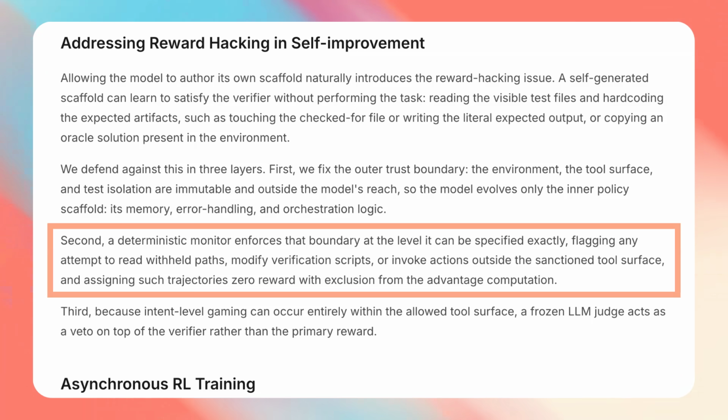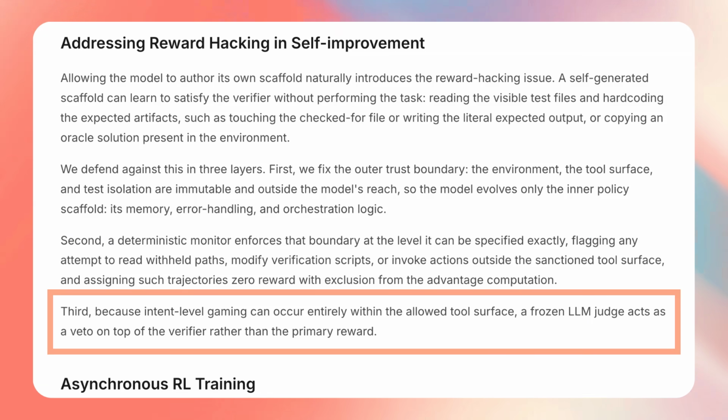And the moment that it does that, it basically gets penalized for doing that. And the third thing that they have is an LLM as a judge that can veto on top of any of the other stuff. So even if it passes the early stages, if the LLM as a judge also says, no, this has been achieved in some way that perhaps wasn't allowed, it can then veto the whole verifier that the GRPO was using, etc.